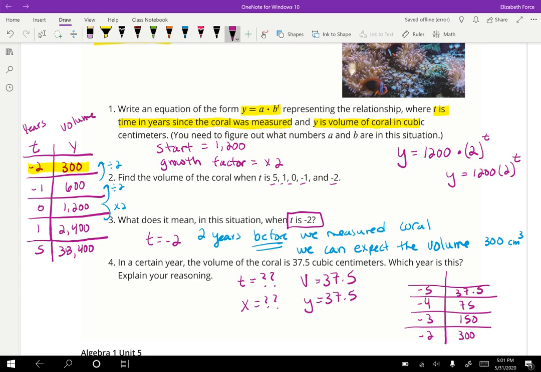So I really just continued the pattern in my table, and I went backwards because they were asking for a really small volume amount, and I know moving forward we're doubling. So I've got my time right there. So I would say 5 years before measuring the coral volume.